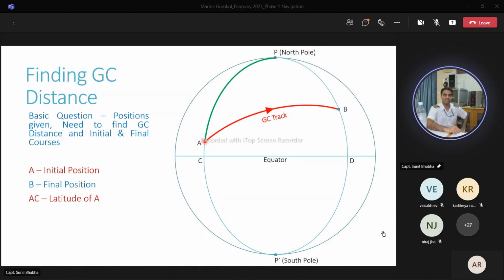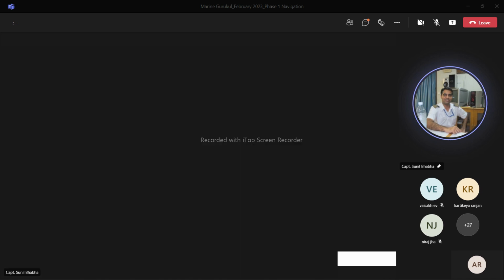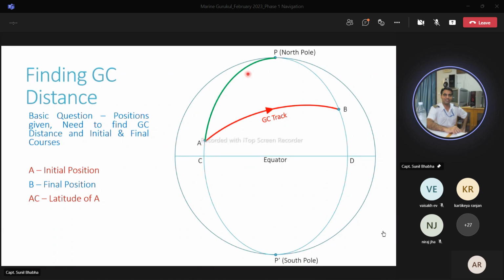Now we also know that from the pole up to the equator, if you measure the distance along any of the meridians, it comes out to be 90 degrees. So pole to point C, which is on the equator, will be a total of 90 degrees. So this arc Papa to Charlie is going to be 90 degrees.